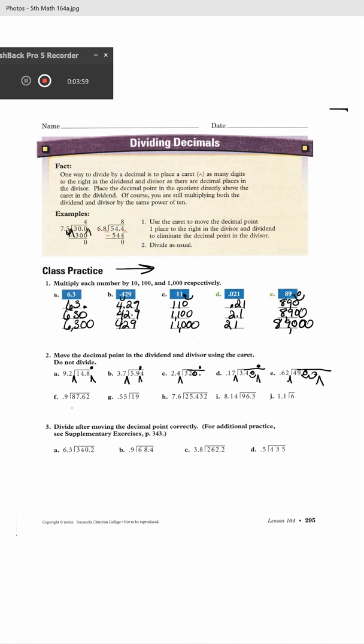Add those 2 zeros in there and put the decimal at the top. And you would do all that before you divide. 0.9, move it over once, move it over once. 55, move it over twice. The decimal's already here in 19. So to move it over twice, you have to add 2 zeros.